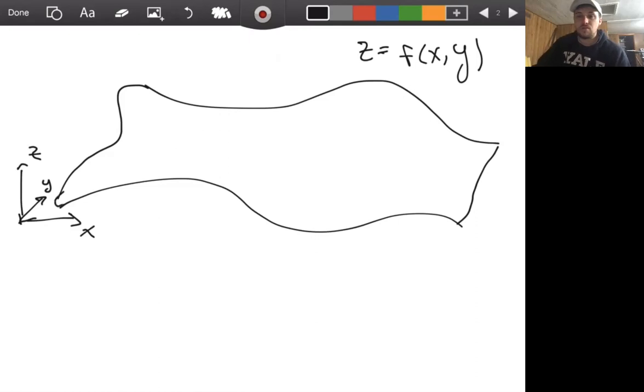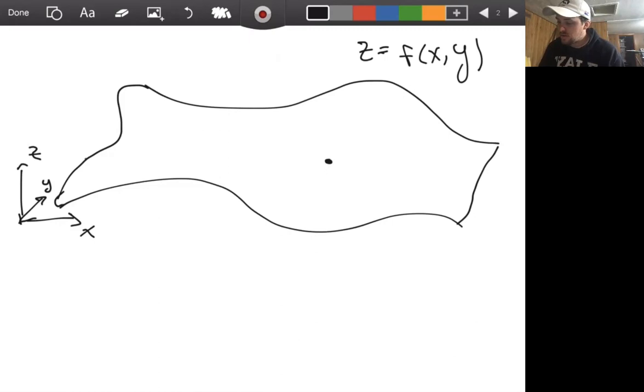And now we want to come up with definitions for partial derivatives, right? But so first, what do partial derivatives do? Well, if you notice, at any given point on the surface here, you can look at a curve given by holding one variable constant.